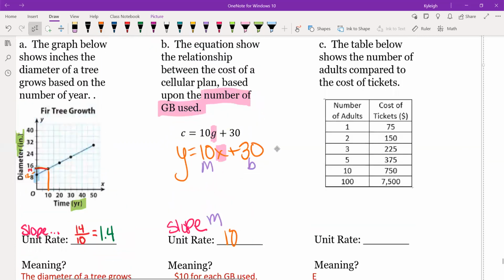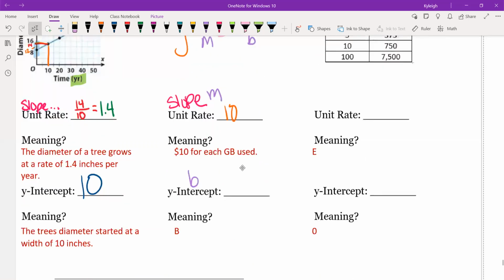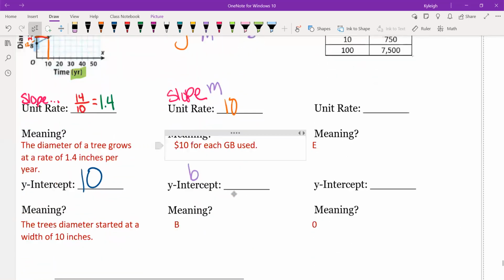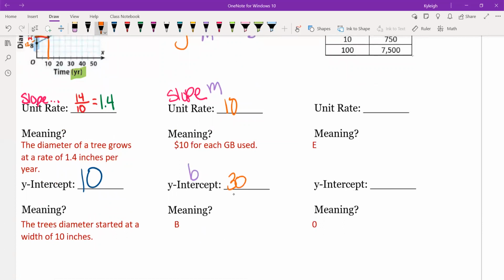And then our B is our starting point. So our B is 30. I'm going to put 30 down here. 30. What does that mean? That means that's our base price of the plan.